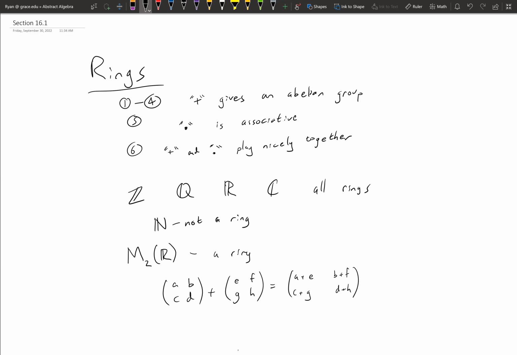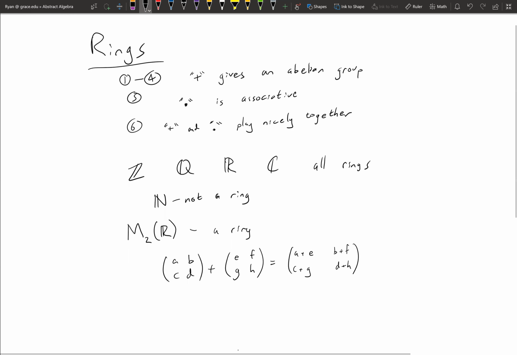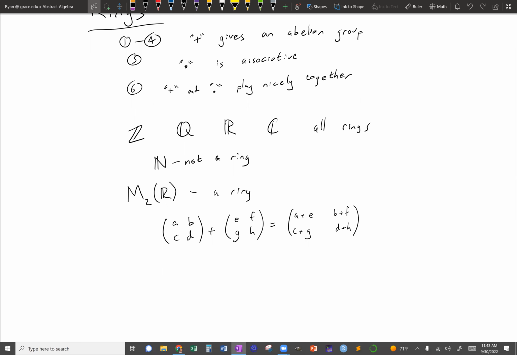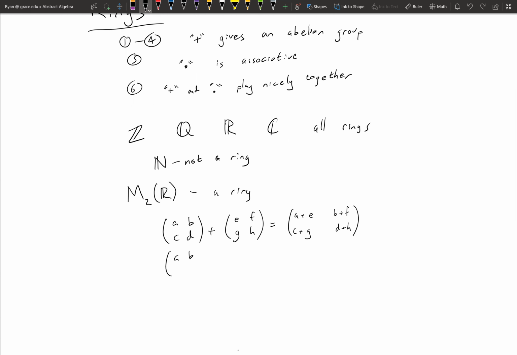And then multiplication can be weird. So A, B, C, D times E, F, G, H equals, matrix multiplication goes like that and that.